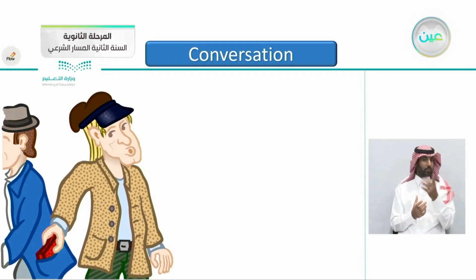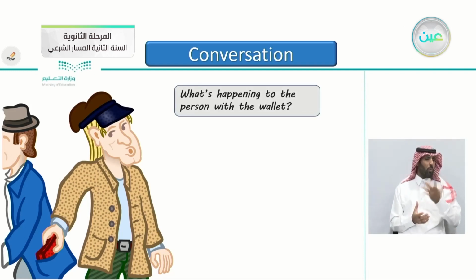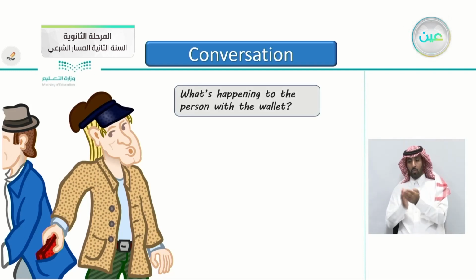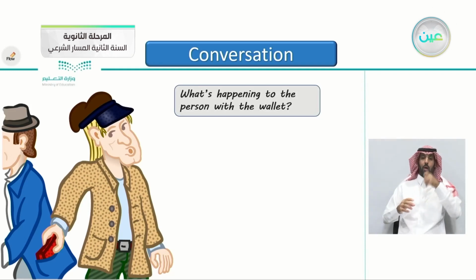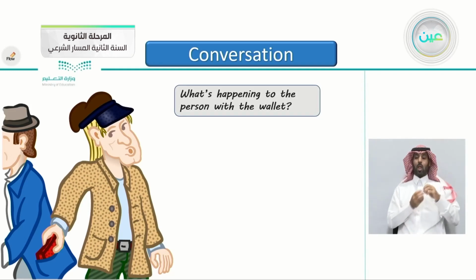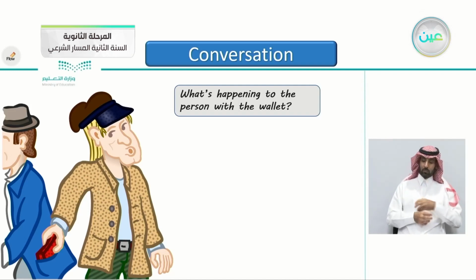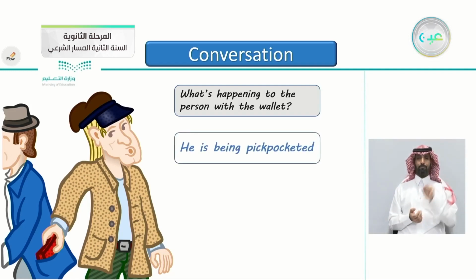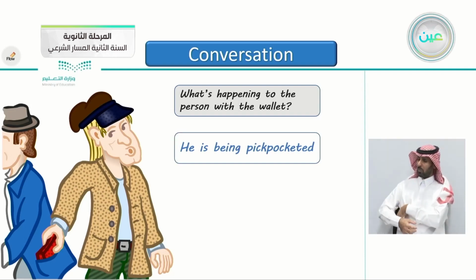So what do you see here in this picture? What's this man doing? What's happening to the person with the wallet? You can see here the man with the blue jacket. Yes, he's being pickpocketed.